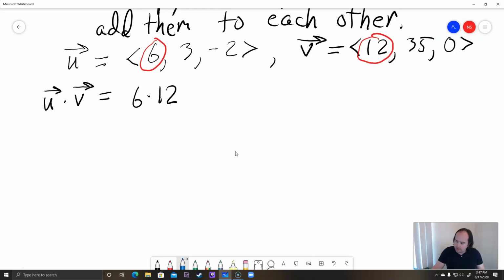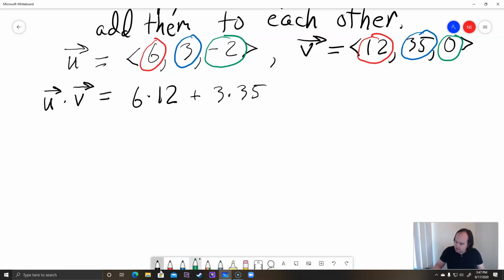And then the second component is 3 times 35, so we're going to be doing plus 3 times 35. And then for the last component, we're multiplying those, so that's negative 2 times 0. So we do plus negative 2 times 0.